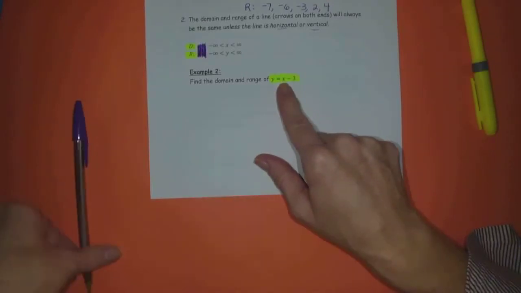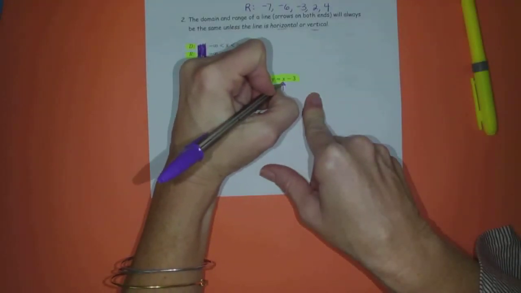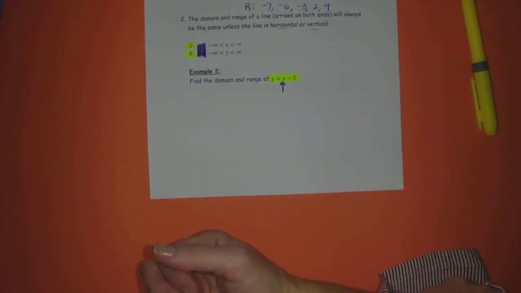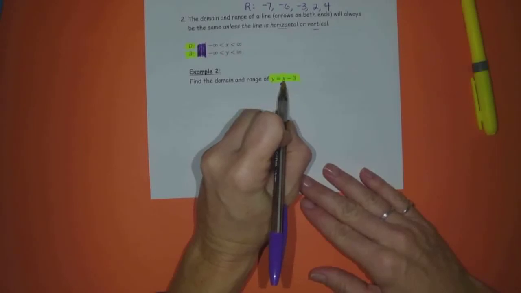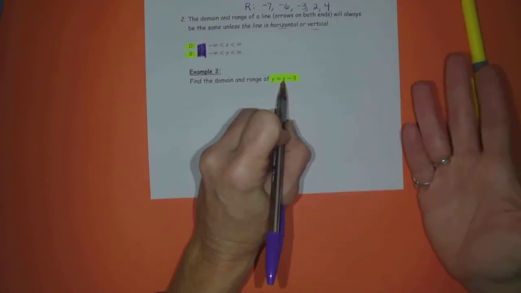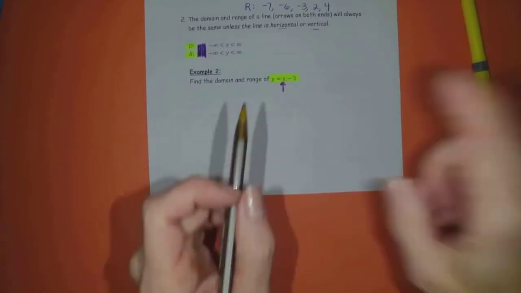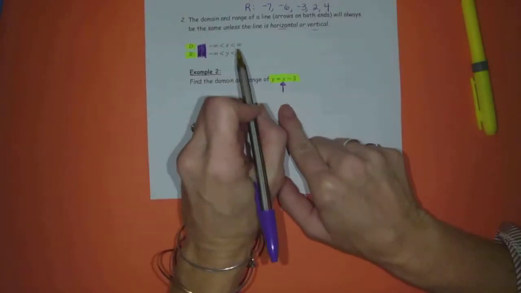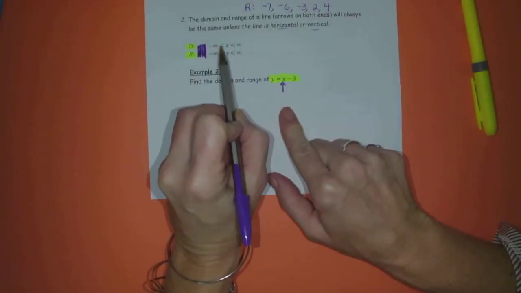The truth is, I could ask anybody, what do you want to plug in for x? And I'd get all kinds of answers. Because the truth is, I can plug any number in for x. It's legit. Negatives, positives, 0. I can put a fraction in, a decimal, as long as when I subtract 3 from it, I get my y. So that is one reason why the domain x is anything.